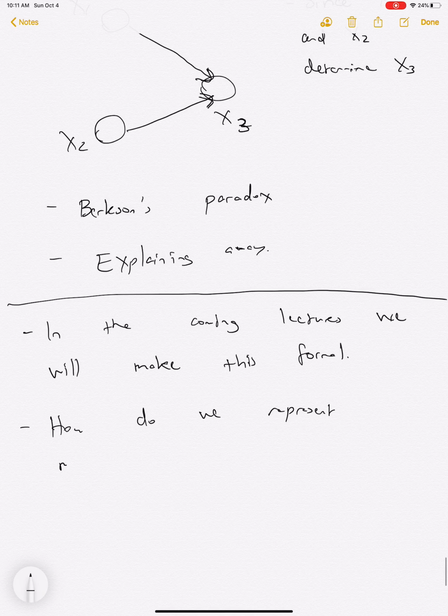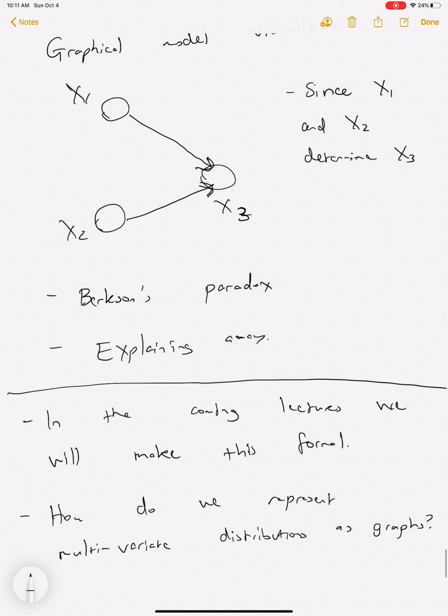How do we represent multivariate distributions as graphs? That's essentially what graphical models get at. This gives you a nice visualization of what's going on, and it'll be a mathematically rigorous way of expressing multivariate distributions, which we're going to learn a lot about in the next couple of lectures.